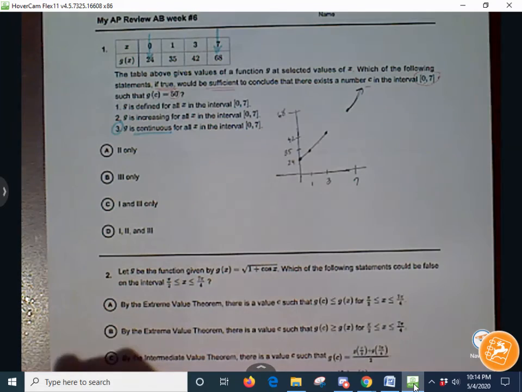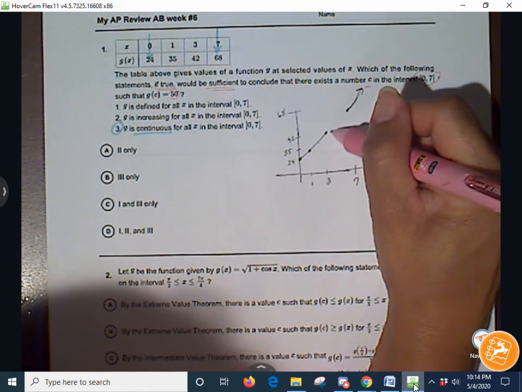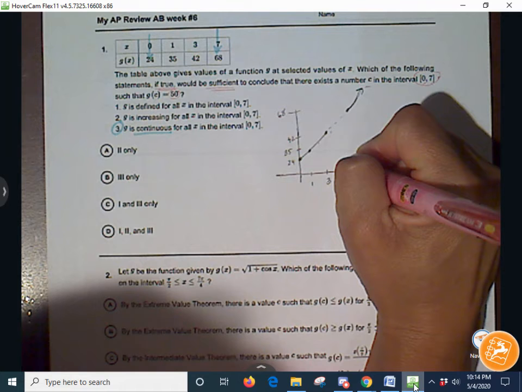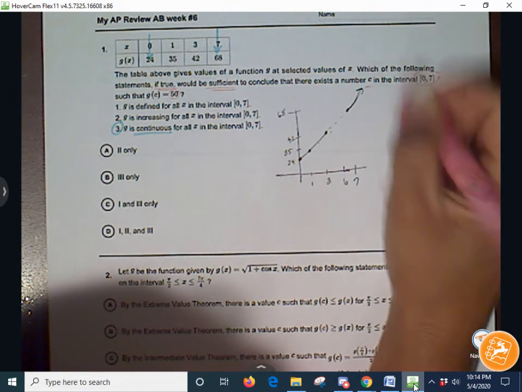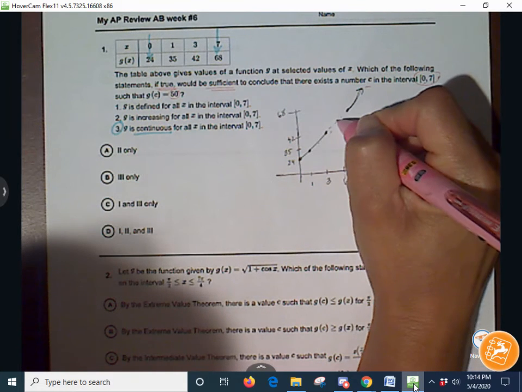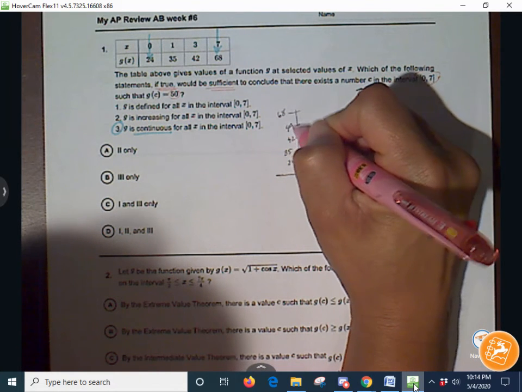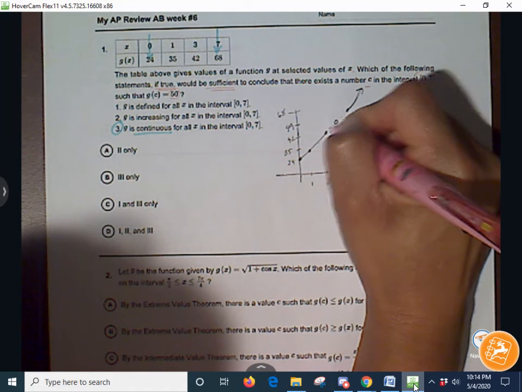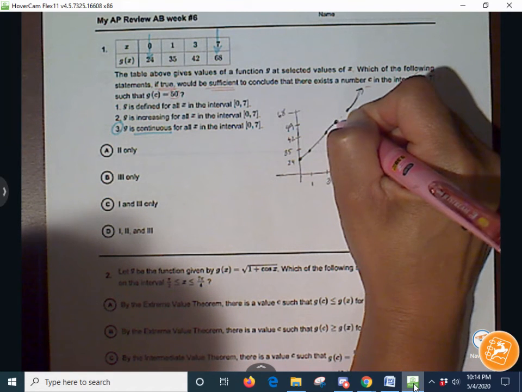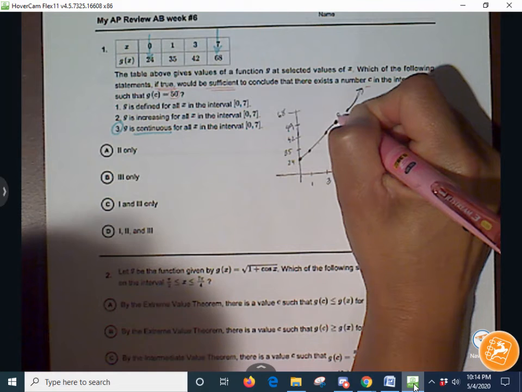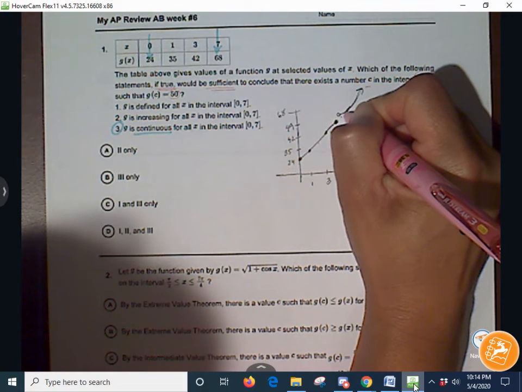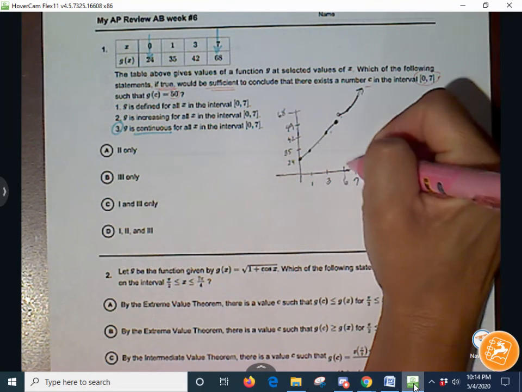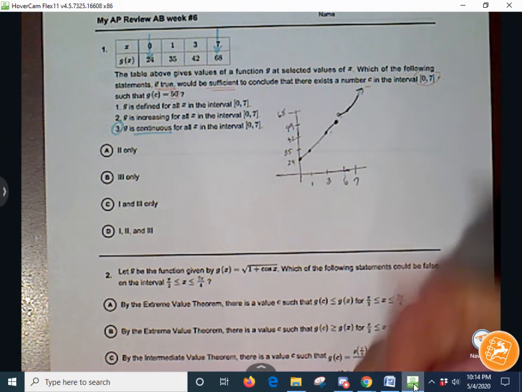Now, I could have other values in between. Let's say I got all the way up to 6, and let's call 6 49. I'm going to say that that's closed, and then this one right here is open, for the same x value.